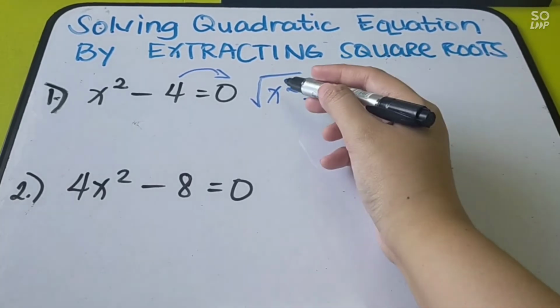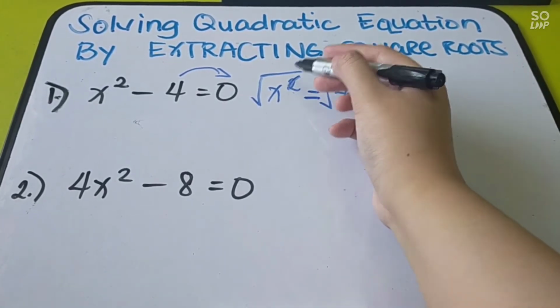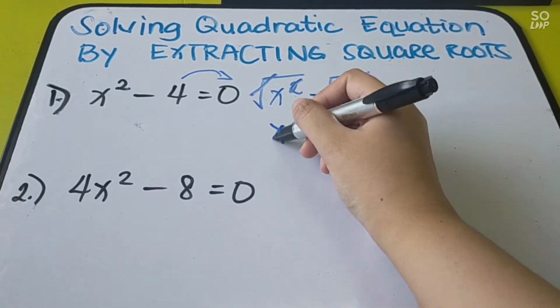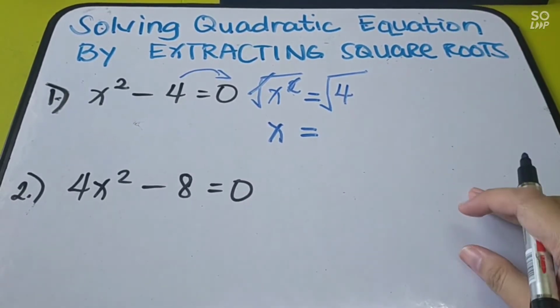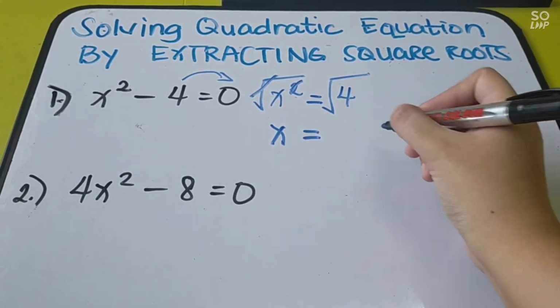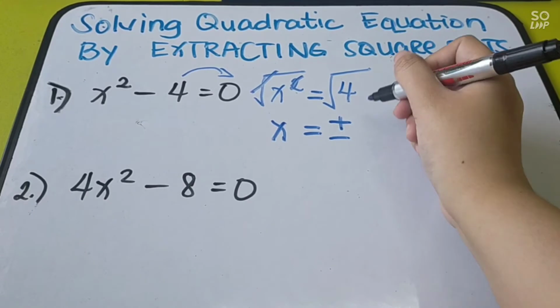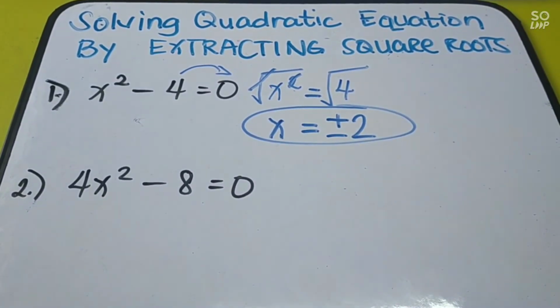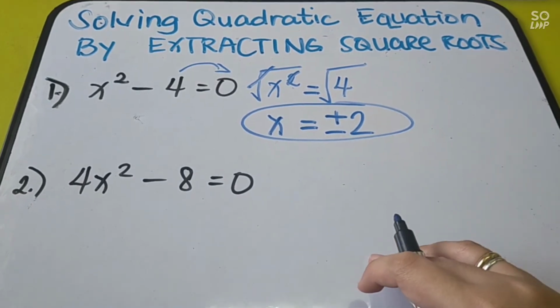Square root both sides. Para mawala yung squared mo dito. Cancelled out, cancelled out. So, matitira na lang, we have here x is equal to. Now, what is the square root of 4? So, ang square root ni 4 is positive and negative 2. We're done. That is it. So, ganun lang kasimple sa extracting square roots.